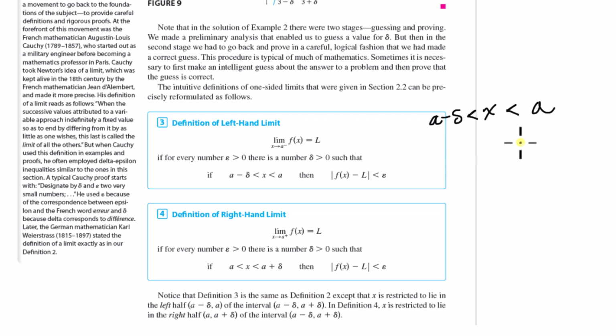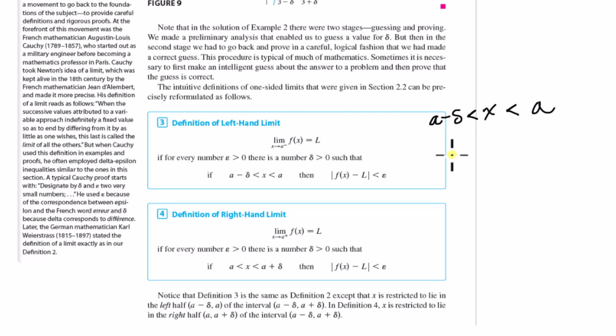Now, what's the corresponding output inequality that needs to be satisfied at the same time for this limit to be as stated here? Well, if you think about it, it's going to be the exact same inequality as what we just had for the general two-sided limit, right?